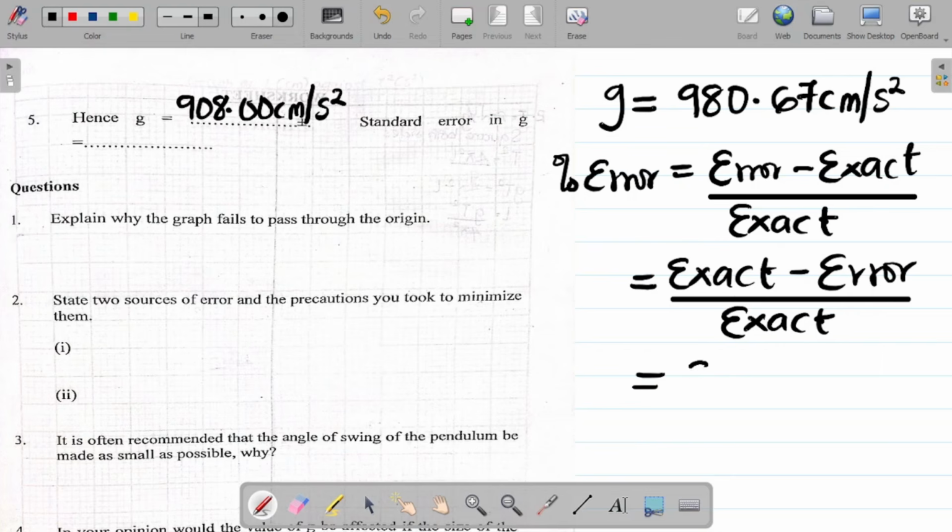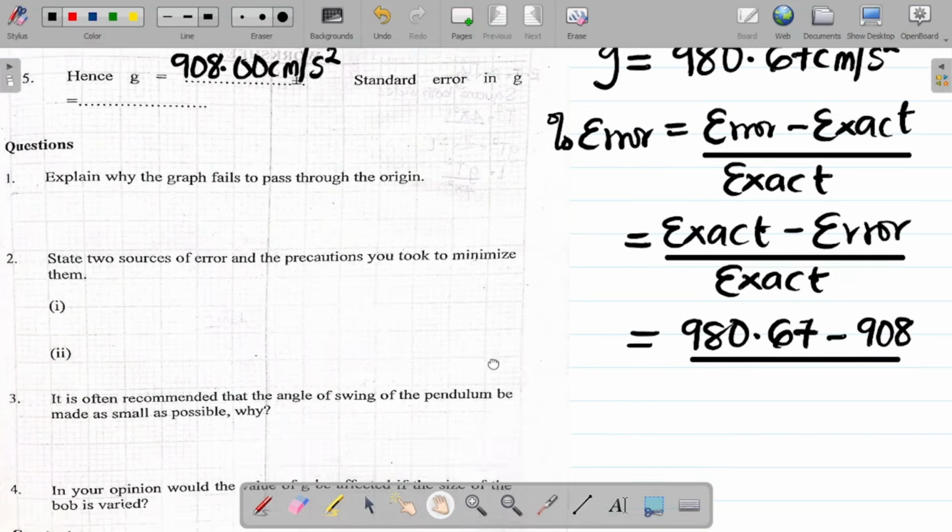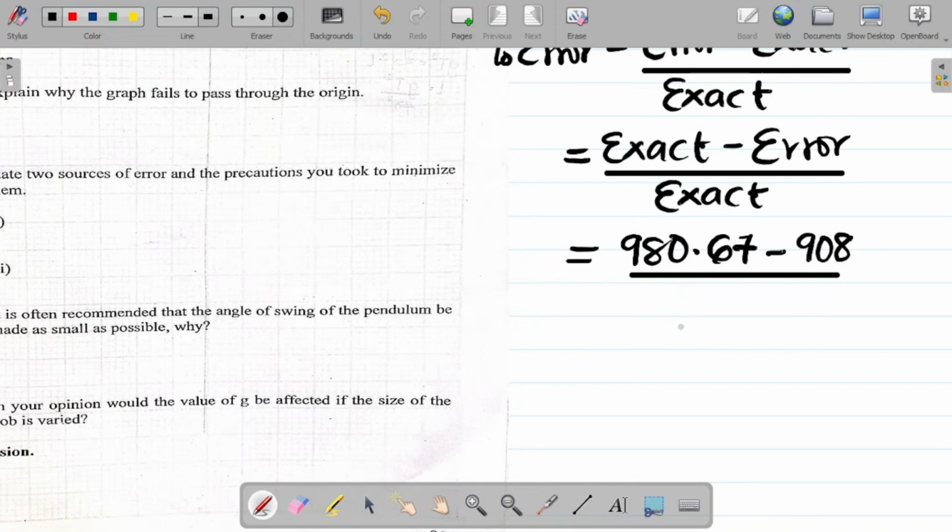The exact is about 980.67 minus the error, 908, divided by the exact, that's about 980.67. All right, let's solve this.